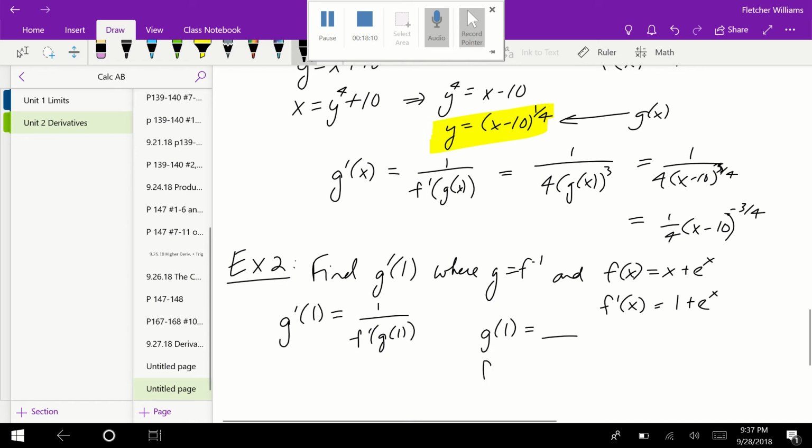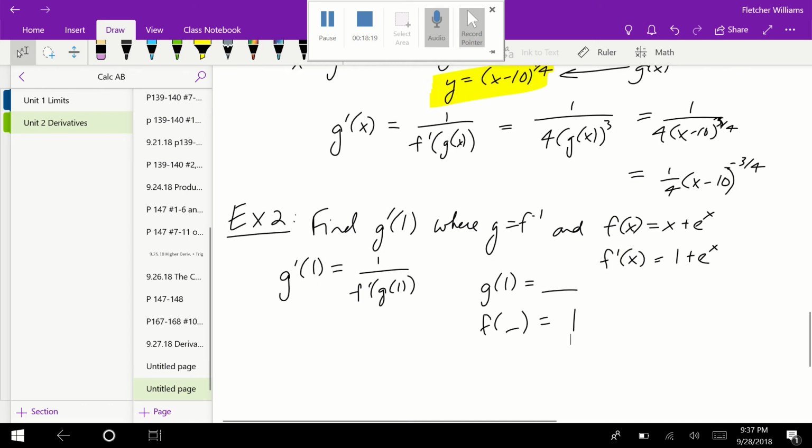Well, we know that f of some number then is 1, because g is the inverse. So what do you plug into f, if f is x plus e to the x, to get 1? Why don't you try 0?